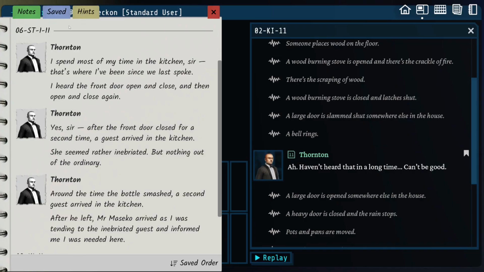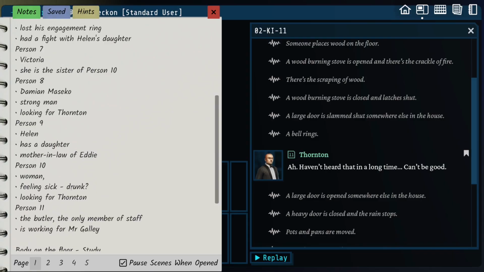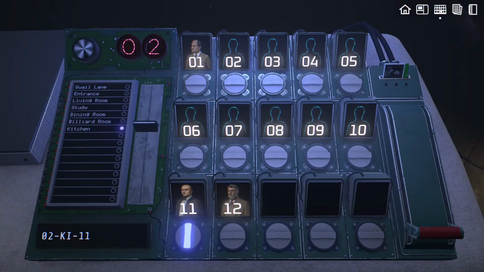So she. This guy. Later on, this woman, the sick lady, went for Thornton. So probably she's the one who was in the kitchen with Thornton.